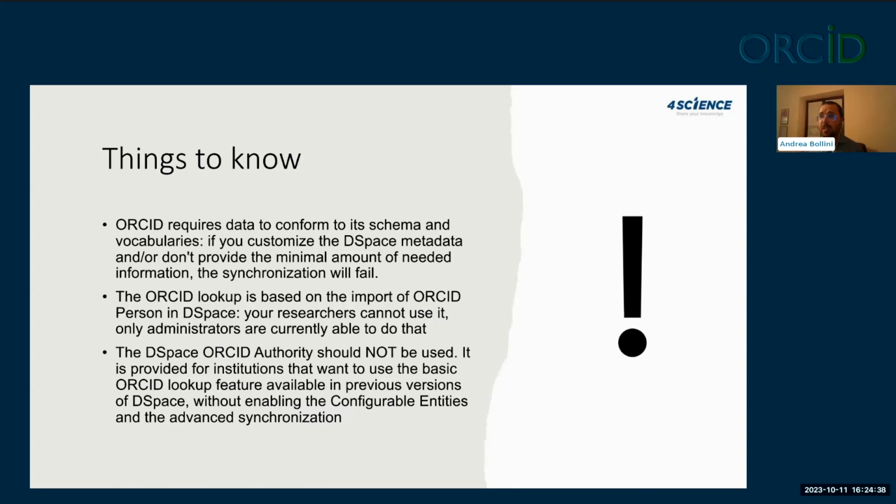Of course, this means that sometimes, often, your researcher will need to reach your administrator, because the researcher will not be able to fix this metadata directly, because they cannot edit an already archived publication or project to improve the metadata quality.